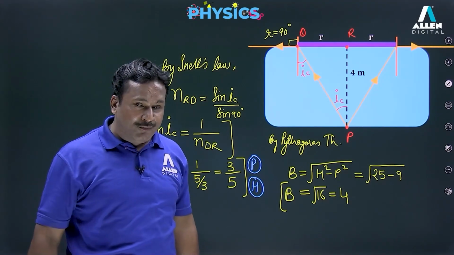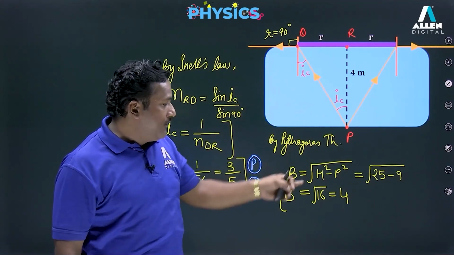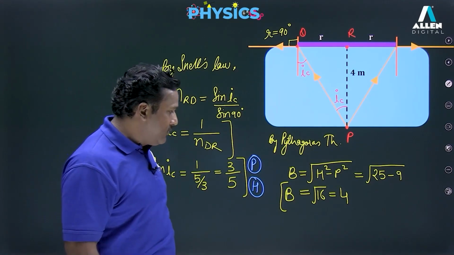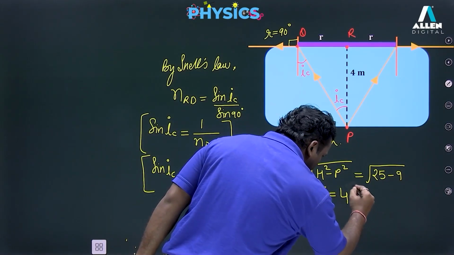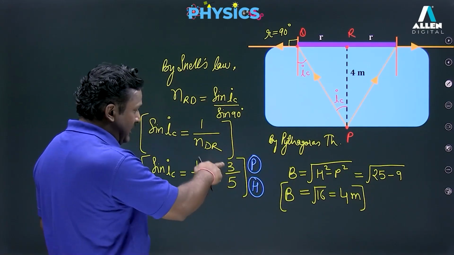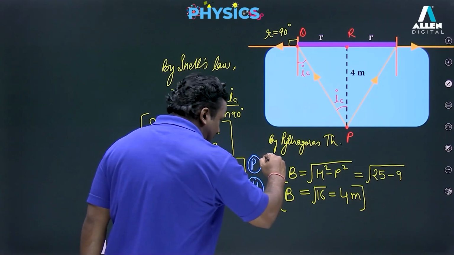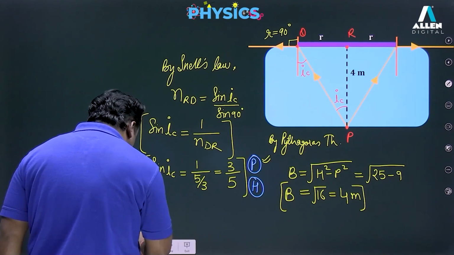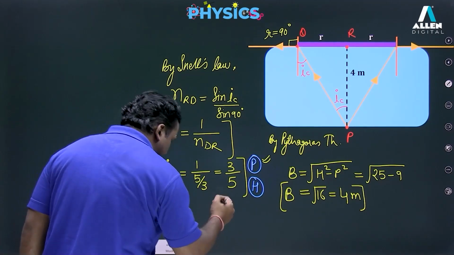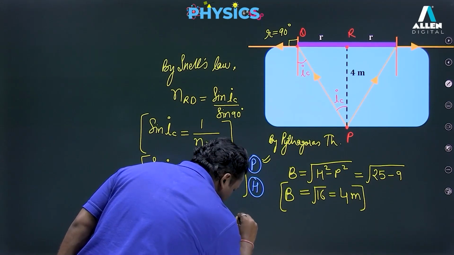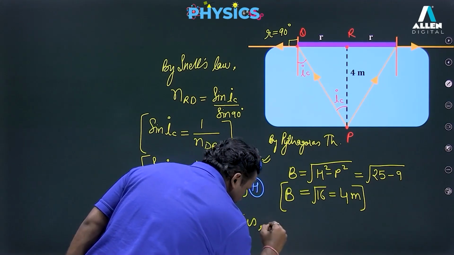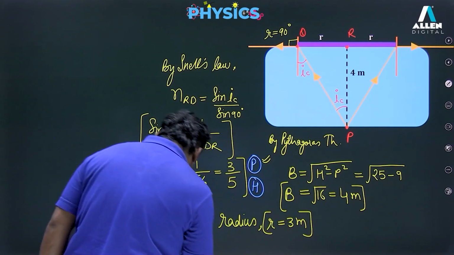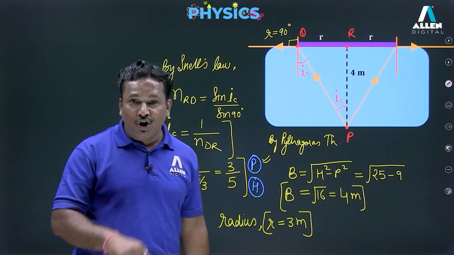So straight away the value of R is directly coming out. The base was 4 meter, and the perpendicular that we have already obtained, what was that value? 3. So the radius R will be equal to 3 meter, such that the ray of light will not come out.